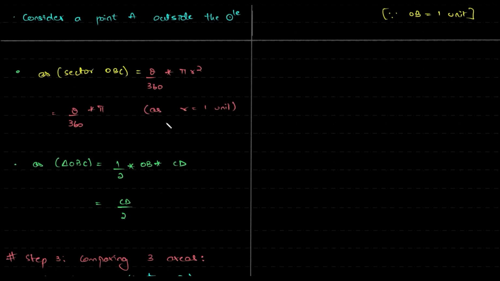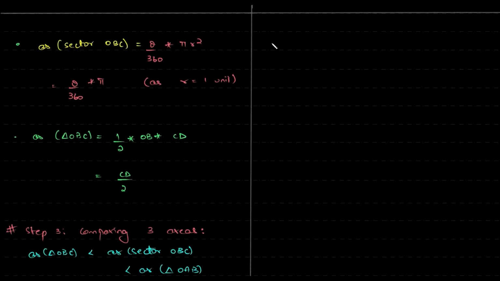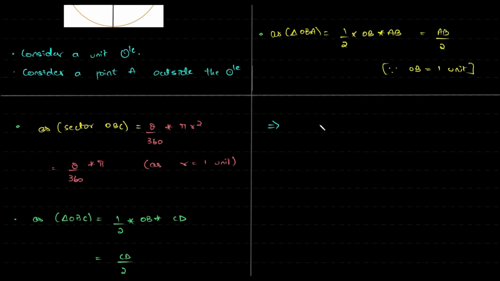If I substitute the formulas, what will happen? We have the area of the inside triangle, CD by 2, which is less than theta by 360 into pi. We'll express in terms of radians, that's the ideal scenario, so we have this to be 2 pi.